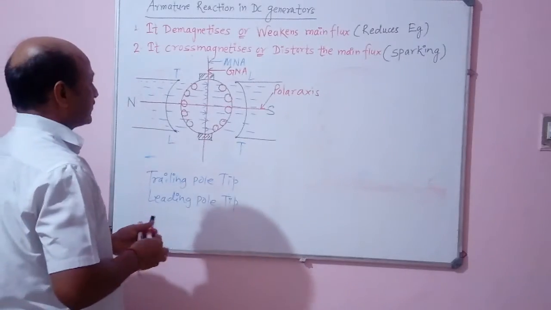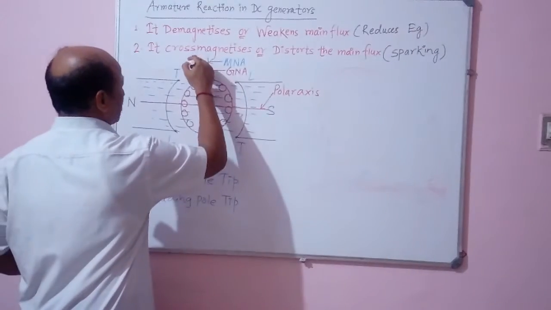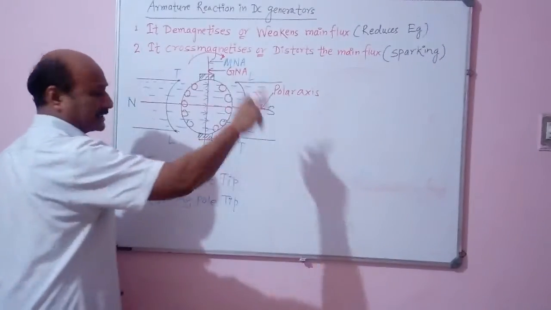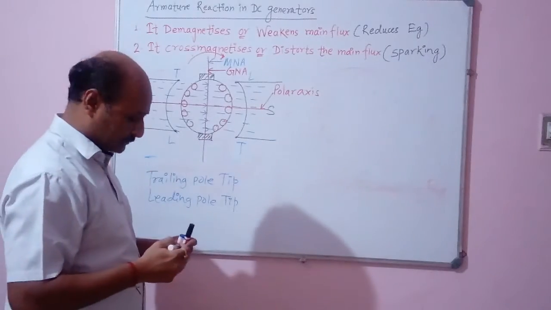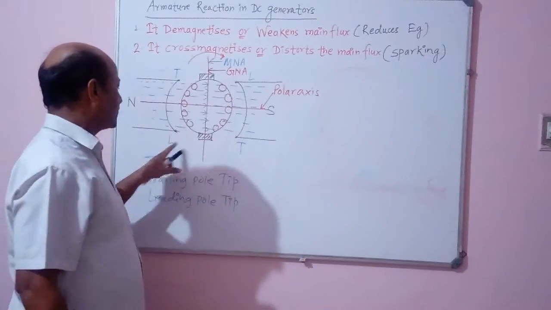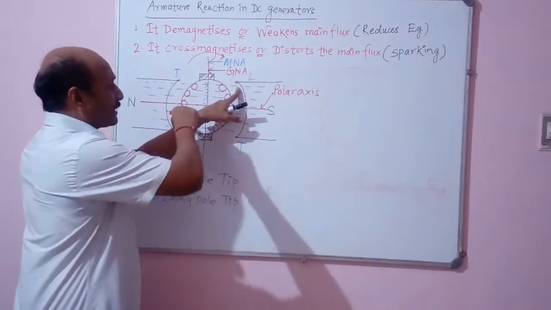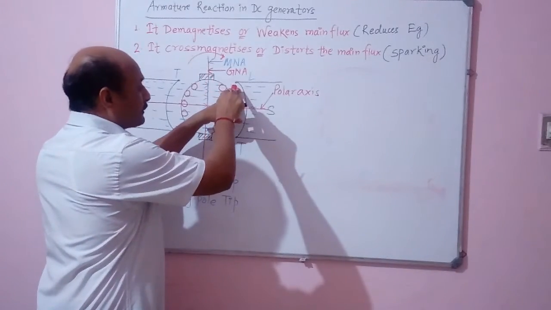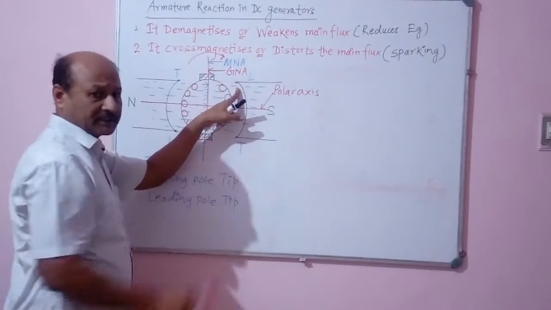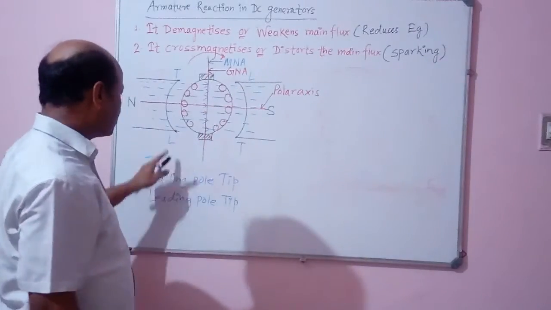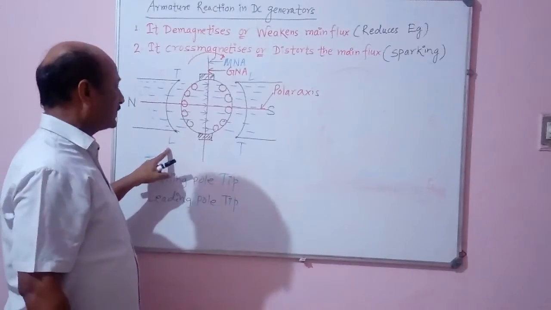Assume that the direction of rotation of the DC generator is clockwise. So how do you define the leading pole tip? The pole tip which the armature meets first in the direction of rotation is called the leading pole tip. Again, what is the leading pole tip?